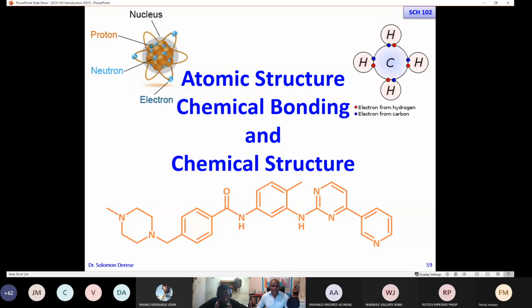The protons and the neutrons are found in the nucleus, and the electrons are found at different energy levels around the nucleus.